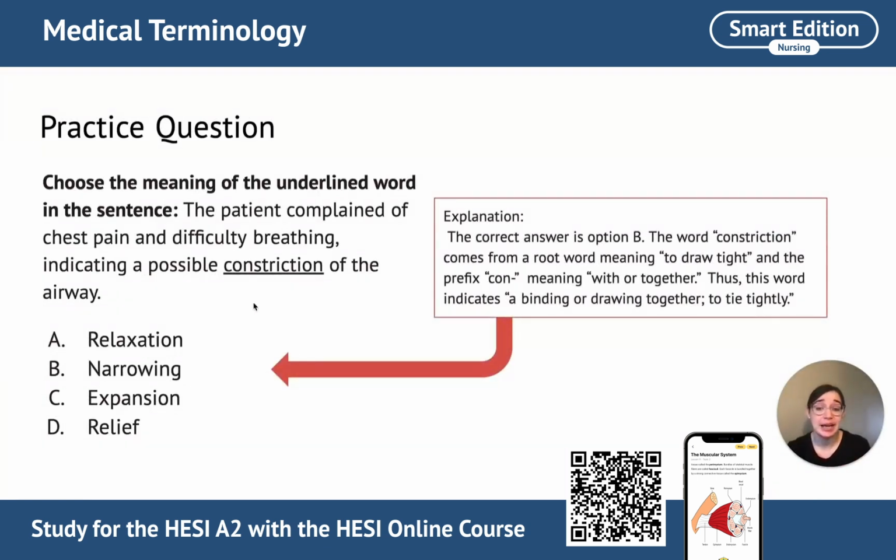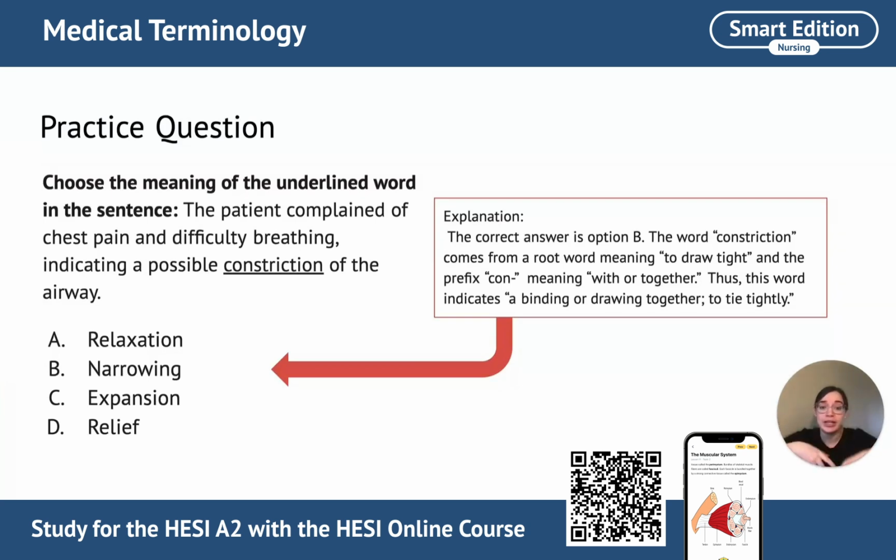And if we break down the word constriction, that confirms that this is our correct answer. So the word constriction comes from a root word meaning to draw tightly, and the prefix con means with or together. So you can think of a drawstring bag being open, and then when you pull on the strings on either side, the opening of that bag is drawn tightly together and closed off.